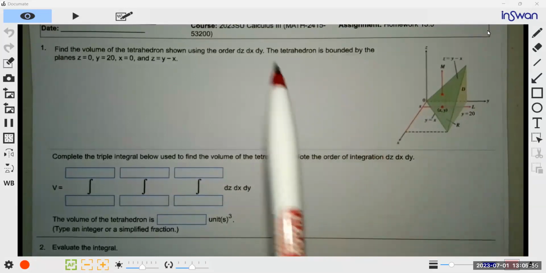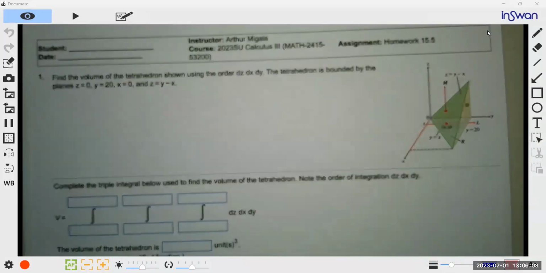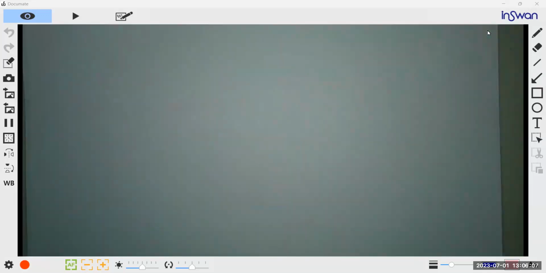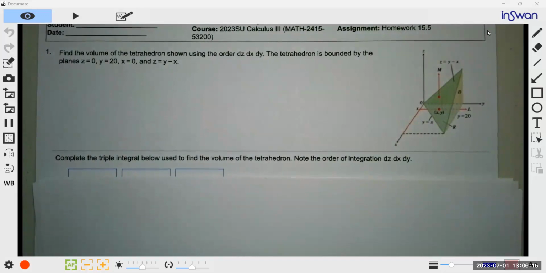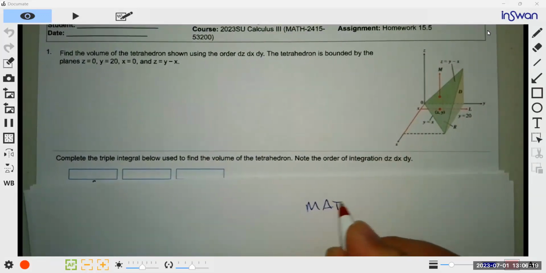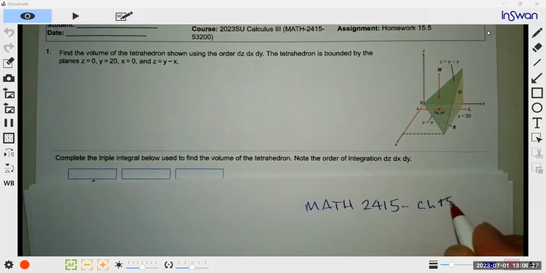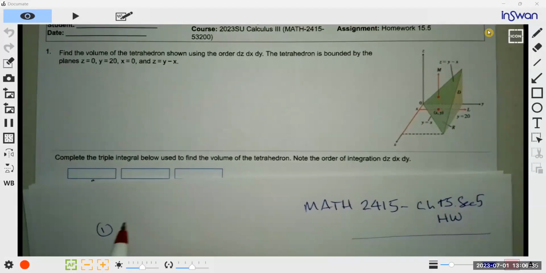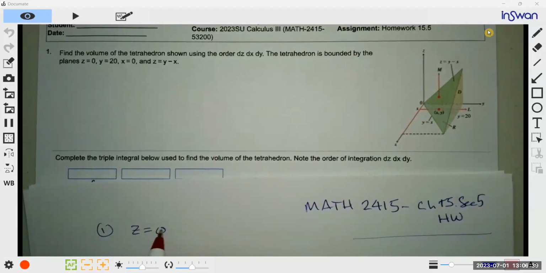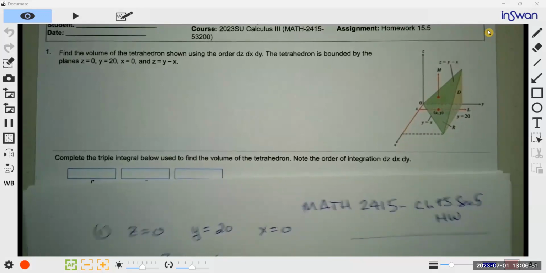The tetrahedron is bounded by the planes z equals 0, y equals 20, x equals 0, and z equals y minus x. Okay, let me put that here. All right, so we have z equals 0, y equals 20, x equals 0, and z equals y minus x.